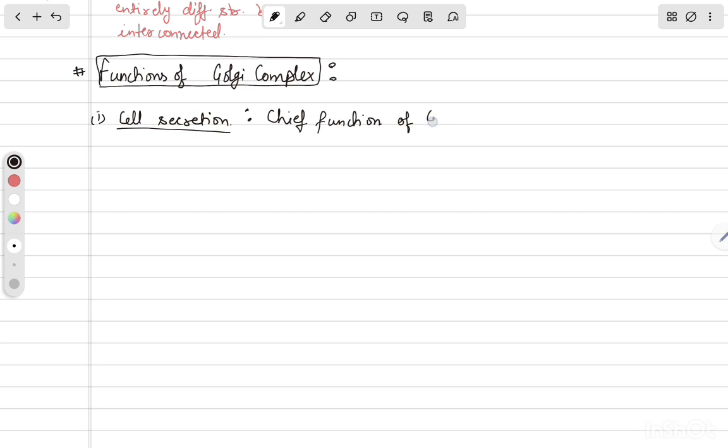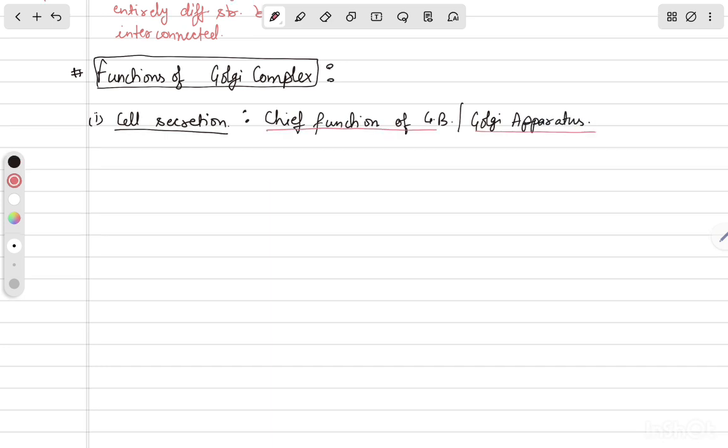Chief function of Golgi body or Golgi apparatus is cell secretion, or we can say export of macromolecules, right? Now in secretion we have three major steps.